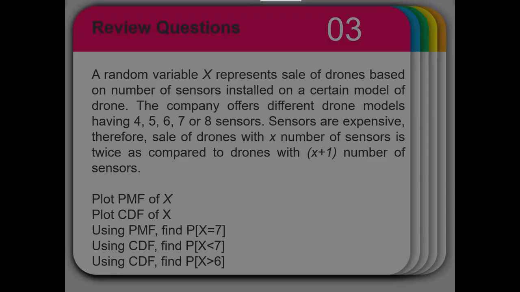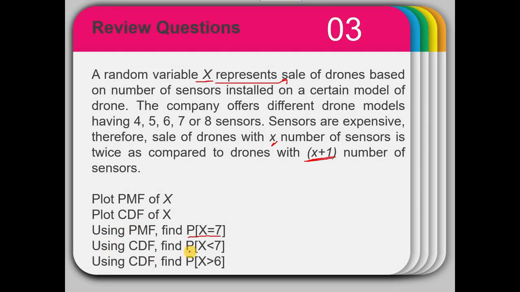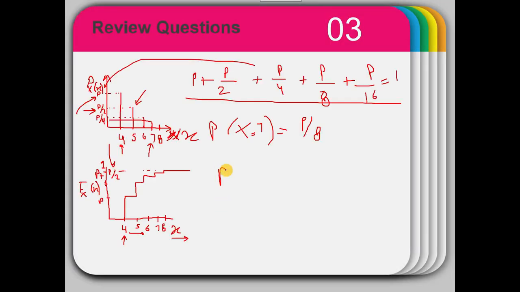The next point was to find the probability that x is less than 7 using the CDF. So the probability that x is less than 7, but now I want to find this probability using the CDF. The CDF says that this is the probability of all values until x is equal to 7.